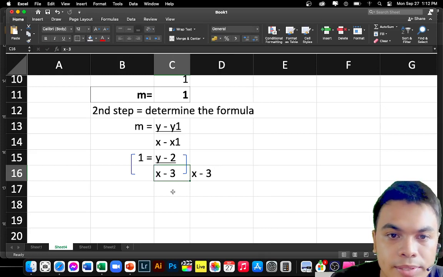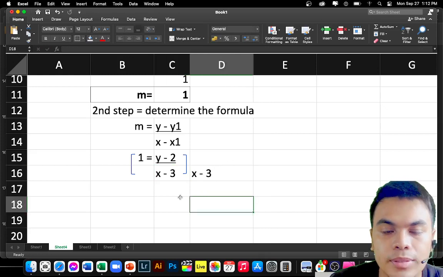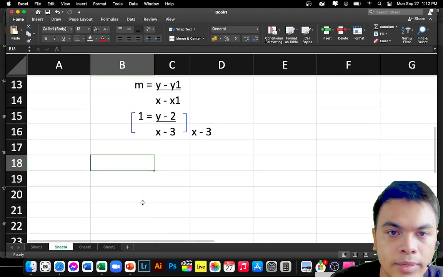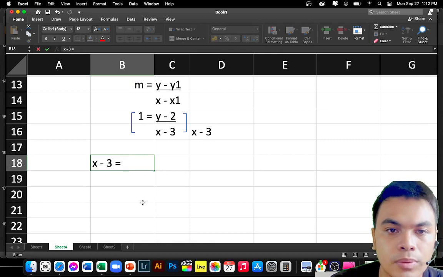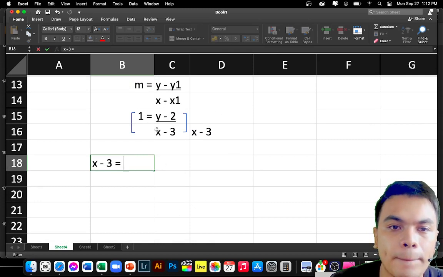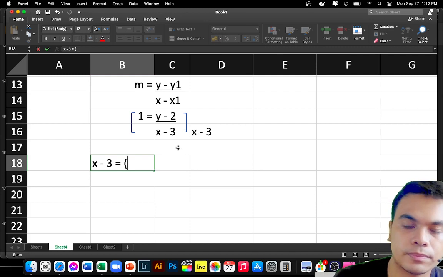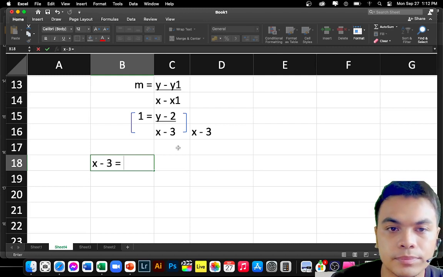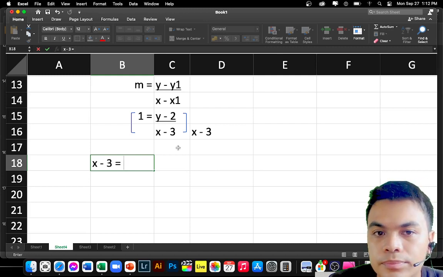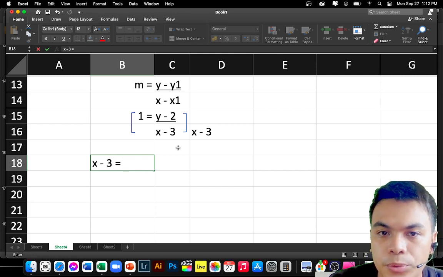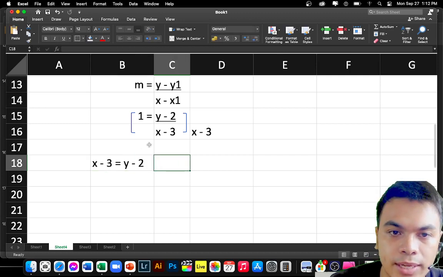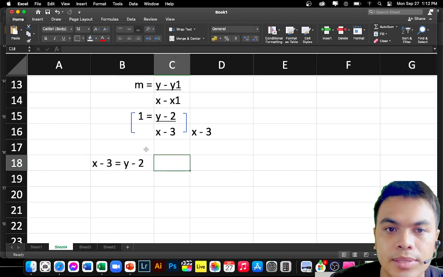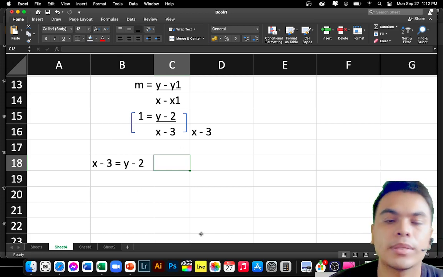So we can now cancel this one. So our formula now will become x minus 3 is equal to y minus 2. Right? Y minus 2, because this has been canceled. Cancel. Okay? Alright.